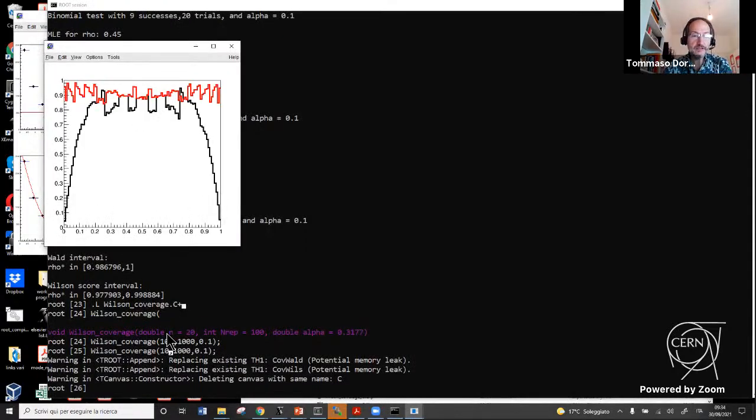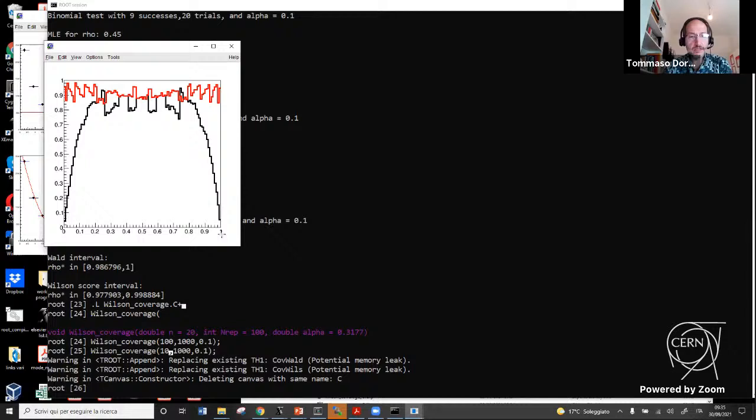Here I am only having 10 trials, and the number of successes varies, and this is the factor rho. And you see that the Wilson score interval does a good job at covering at the stated confidence level, while the Wald interval does a terrible job at large or small values of the binomial ratio rho.